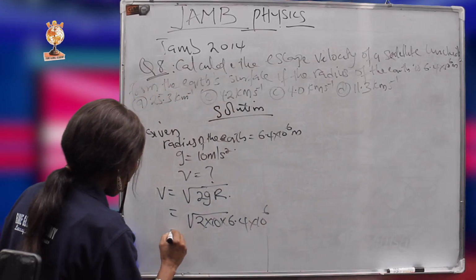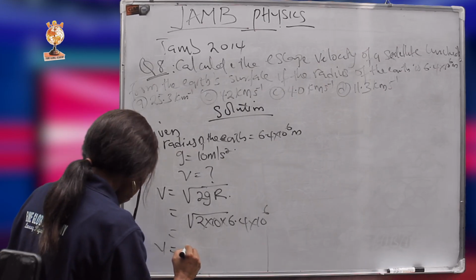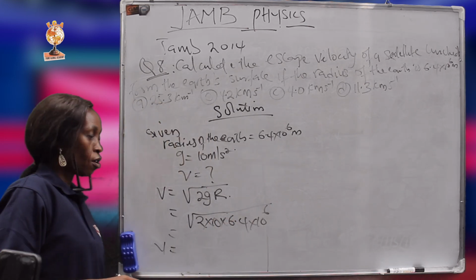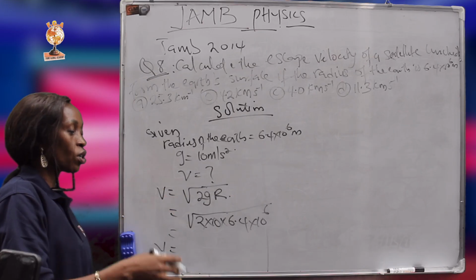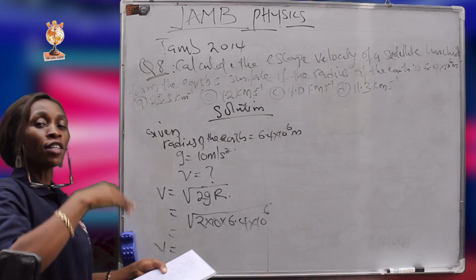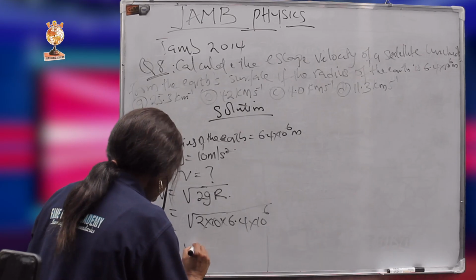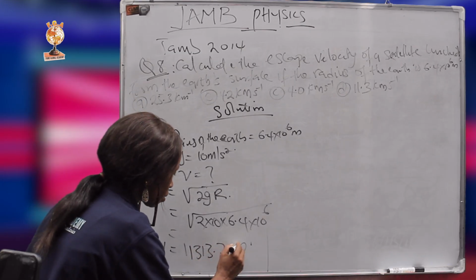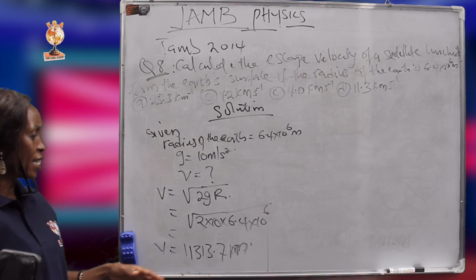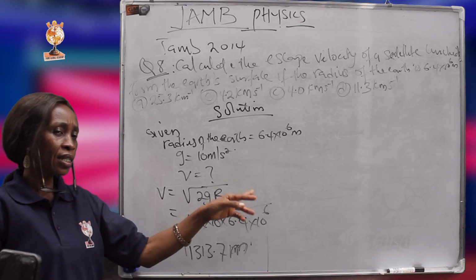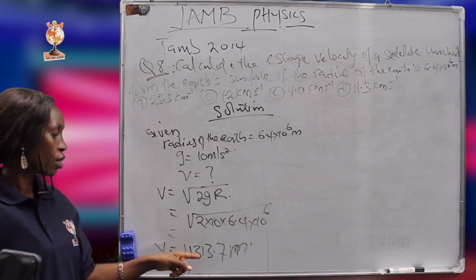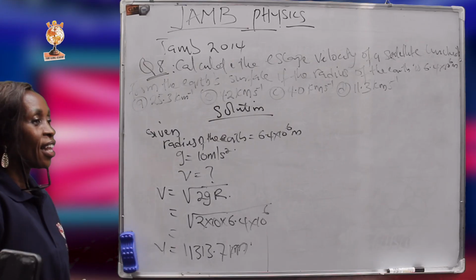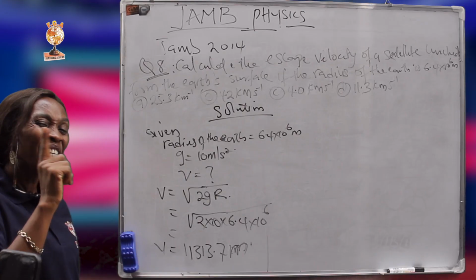If I multiply this directly and then find the square root, I will have v. Multiplying 2 times 10, which is 20, times 6.4 times 10 to the power 6, and then finding the square root, you are having 11313.7 meters.